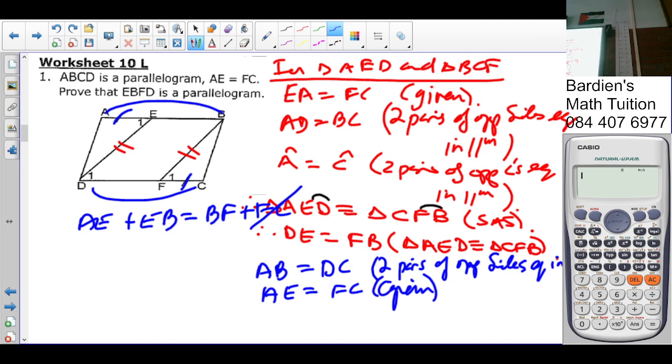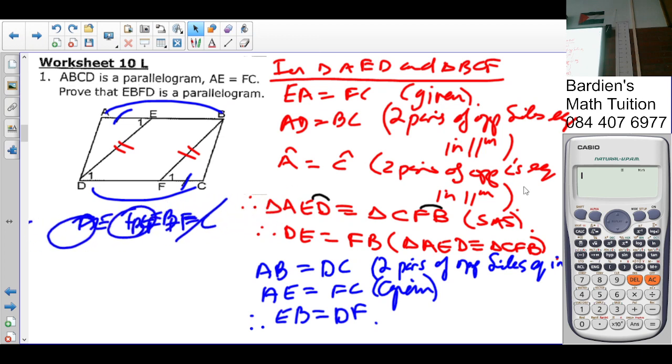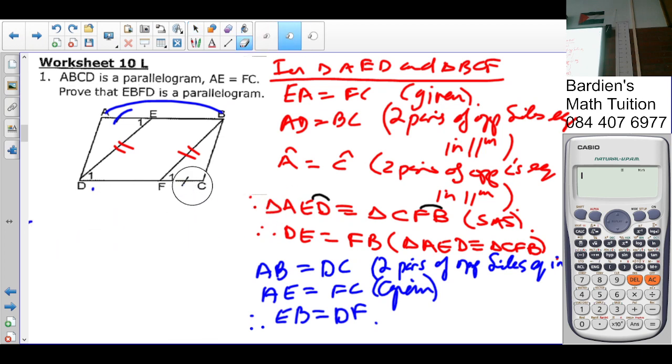But if FC is the same as AE, then EB has to be equal to DF. Can you see the argument there? So therefore, EB is equal to DF by default. So we have the fact that that is now also equal.